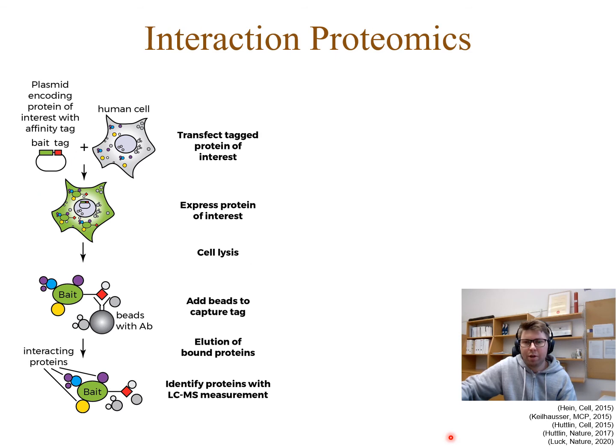And the drug repurposing example I will talk about relies on interaction proteomics in a human cell. I will first give you some background on how this is done experimentally. The protein of interest, which is referred to as the bait protein, is fused to an affinity tag in a plasmid, and this plasmid is then transfected into a human cell, which allows ectopic overexpression of your bait protein fused to an affinity tag.